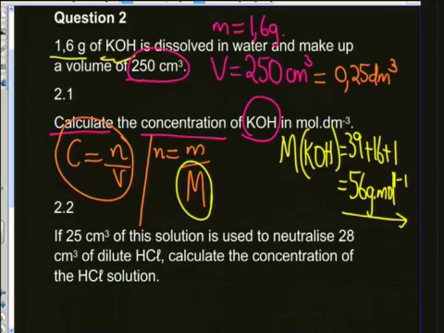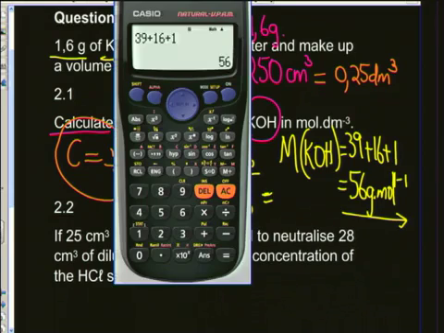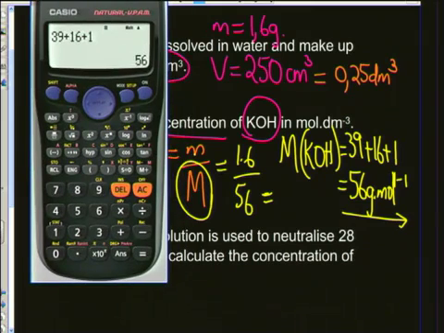Now, from here I can work out the number of moles. Number of moles is given mass, which is 1.6, divided by molar mass, which is 56. And therefore, what is the number of moles here? Can then use my calculator once more. That will be 1.6 divided by 56. And what do I get?